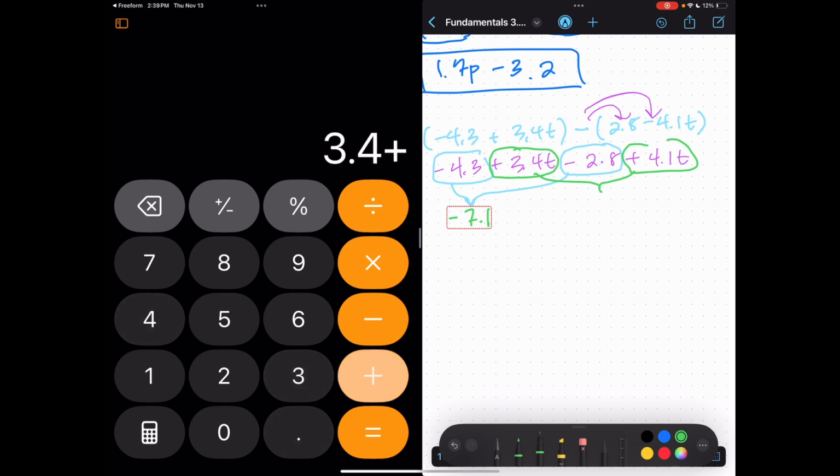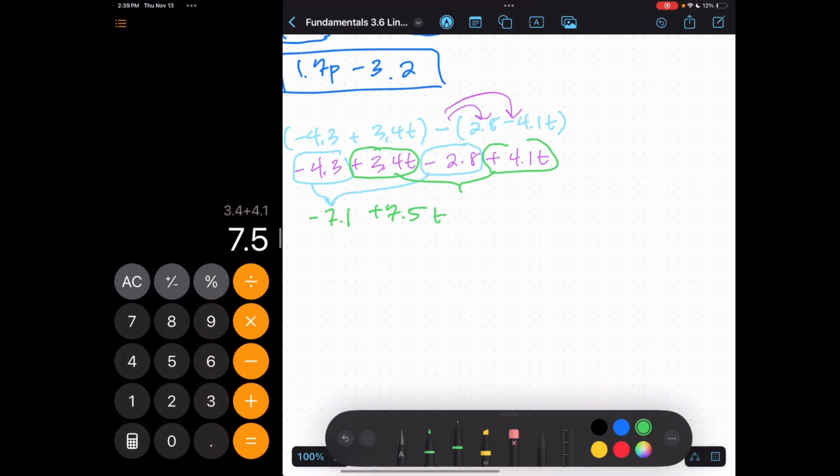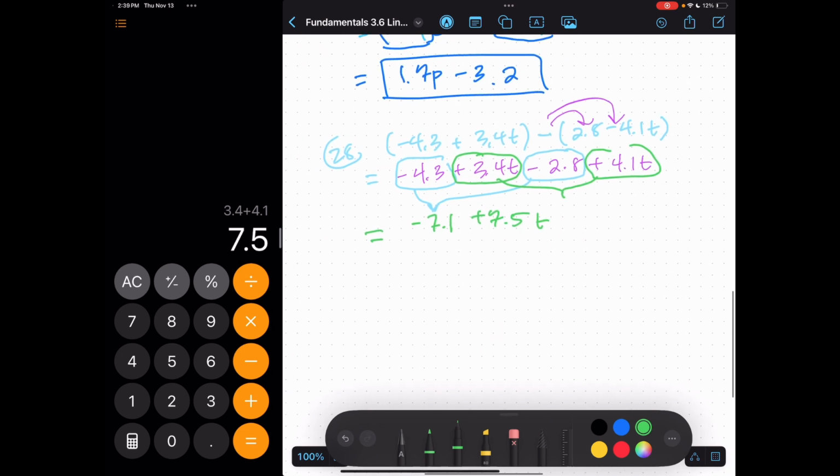Oh, that one was easy. I should have just done that one. They're both kind of easy. But 7.5. And this is positive, of course. And t. Okay, so the answer to 28 is negative 7.1 plus 7.5t. This is as simplified as it gets.